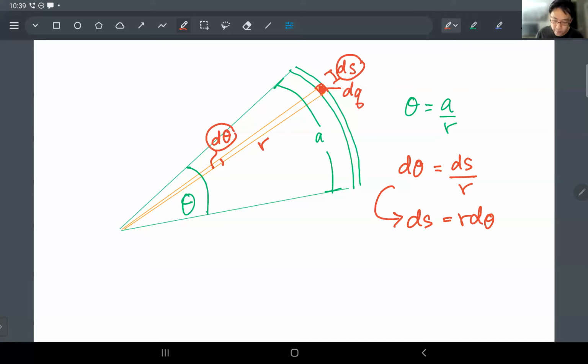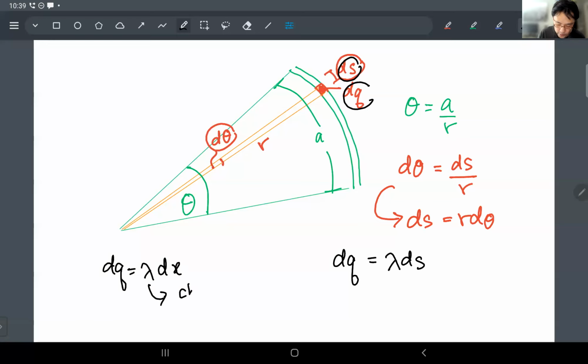And now you can link back between dq and ds. We already did this before. If you want to get the amount of charge within the length of whatever, you multiply by the charge density. You guys with me? Just like what we had before with dq equal to lambda dx, and lambda is just charge per length.